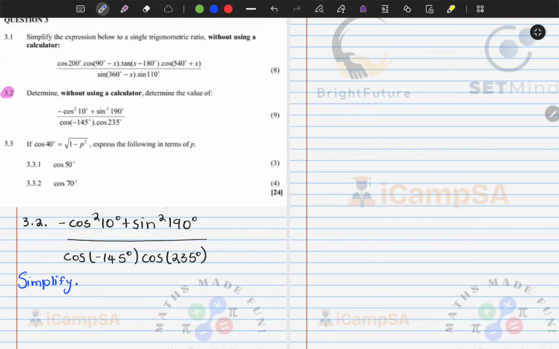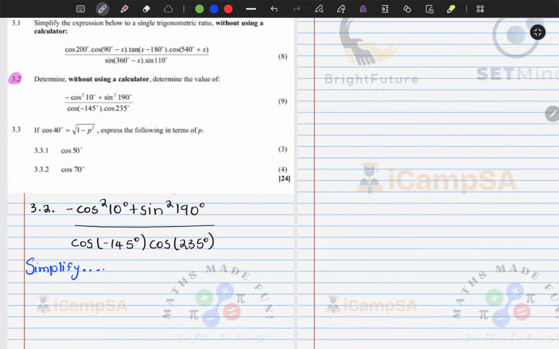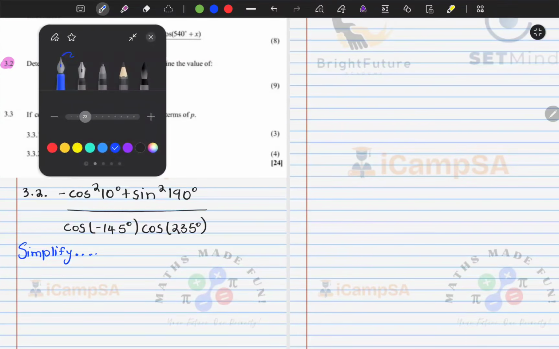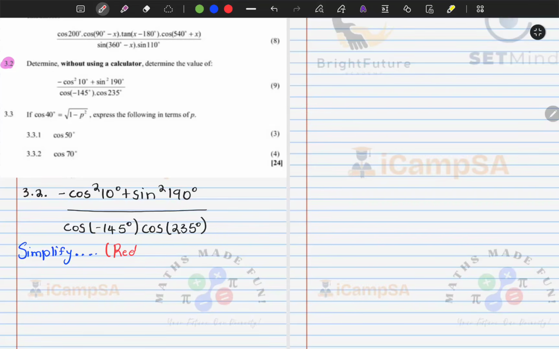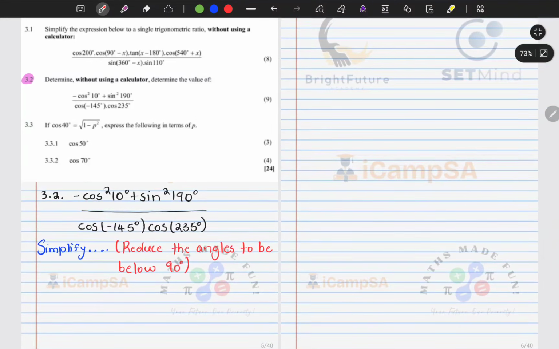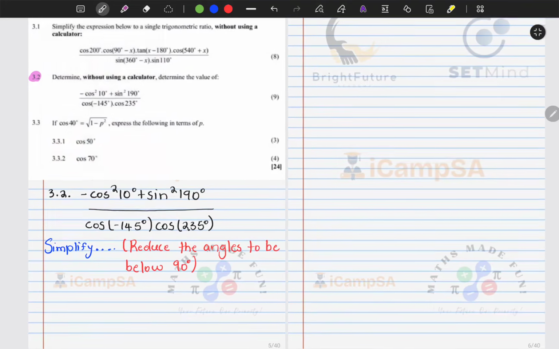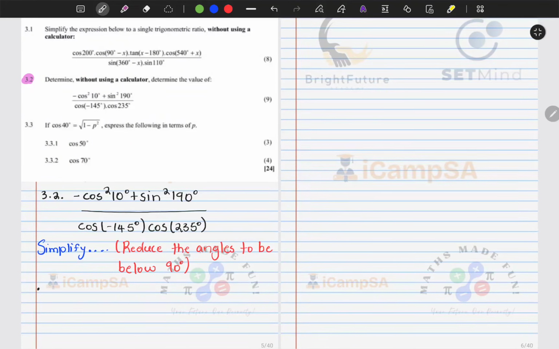So what I always do on the side is to start by quickly simplifying some of these expressions here. What I'm going to do first is to try and reduce the angles, and I want to reduce these angles to be below 90 degrees. That is my aim. So let's start with one of them.